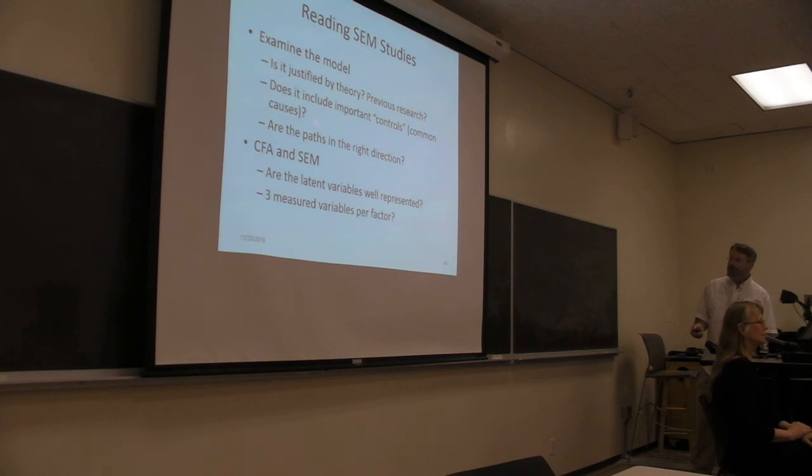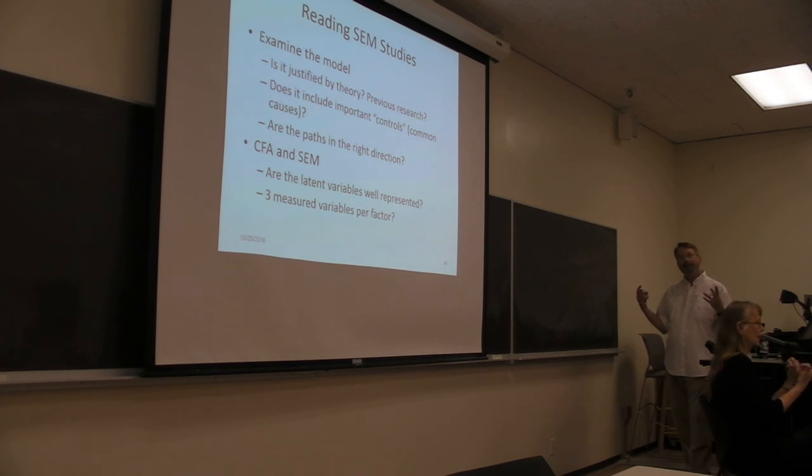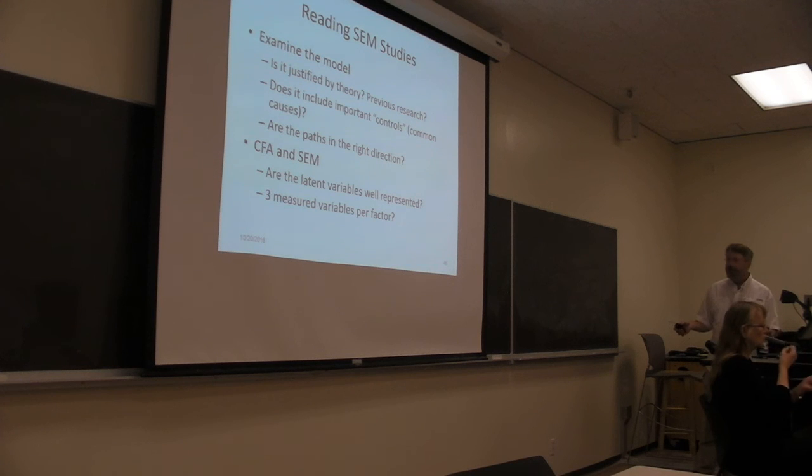Keep in mind the two important questions that you need to always be able to answer as yes. Does it include the important controls, which we now know are in fact common causes of our presumed cause and our presumed effect? And are the paths drawn in the right direction? If you're talking about confirmatory factor analysis and SEM, well, you also want to make sure that the latent variables are well represented.